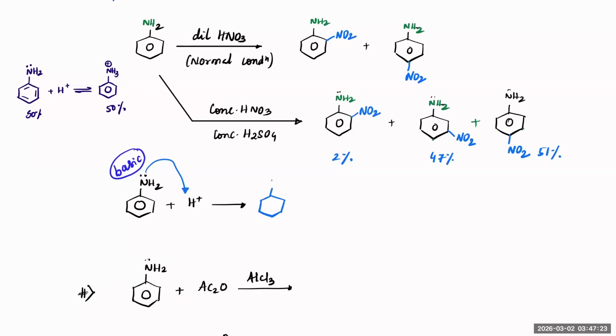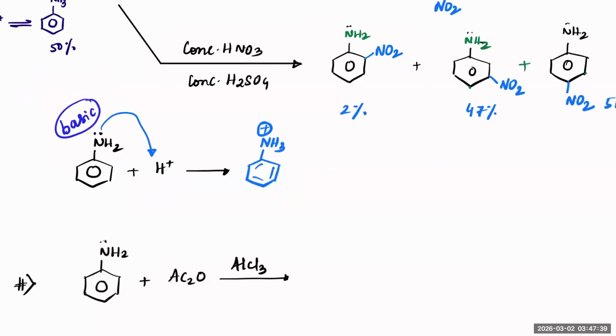It will convert into NH3 plus. A sufficient quantity of aniline will be converted into this form. So in the solution, you will have approximately 50% of this anilinium ion. You read this as anilinium ion.